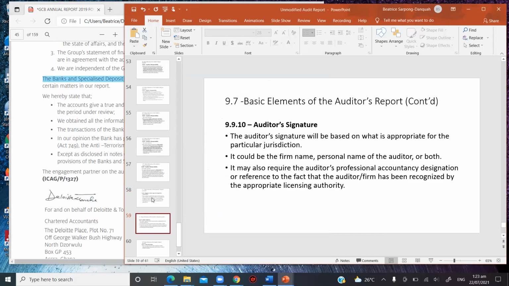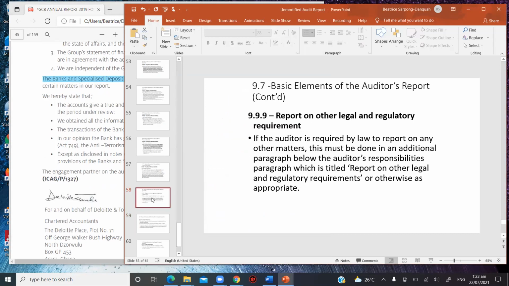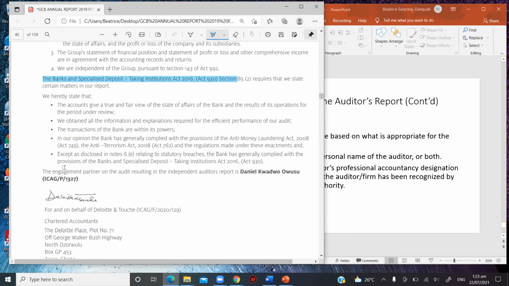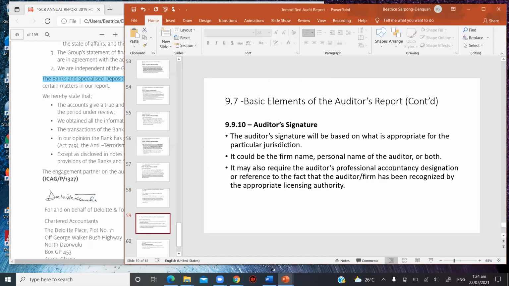After referring to the other legal and regulatory requirements, the auditor will now sign the account. So you come here, this is the signature of the auditor. And how is this signing done? The auditor's signature will be based on what is appropriate for a particular jurisdiction.